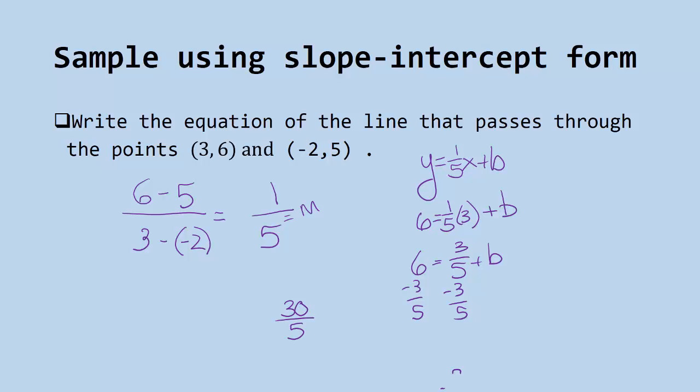So 30/5 minus 3/5. And that gives me 30 minus 3, 27/5. So my b value is equal to 27/5. So my formal equation I can now plug in is y equal to 1/5 x plus 27/5.